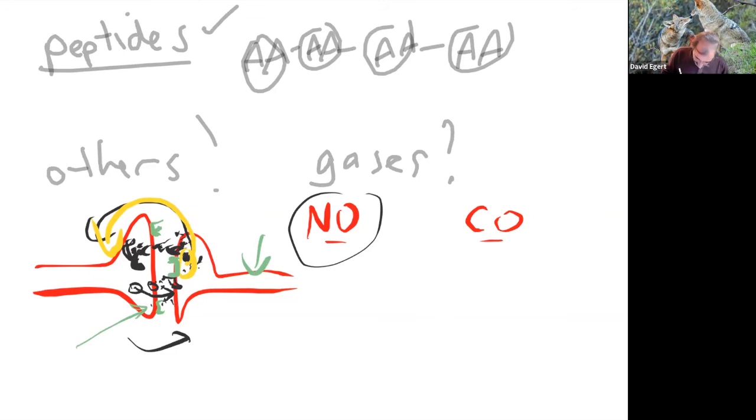You can then have feedback saying, okay, we're releasing the neurotransmitter, but we've got enough because I can get the message that there's a whole bunch in the synapse already, so I can stop releasing it. So the neurotransmitter receptors might actually be on the presynaptic terminal. Just putting that out there as well.